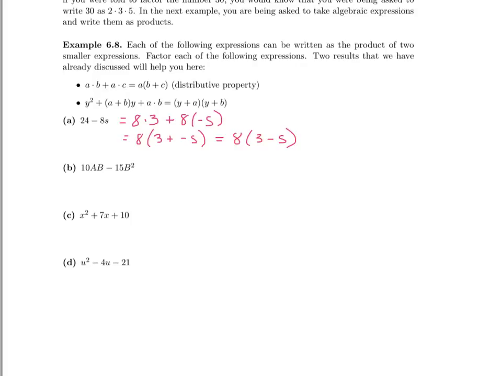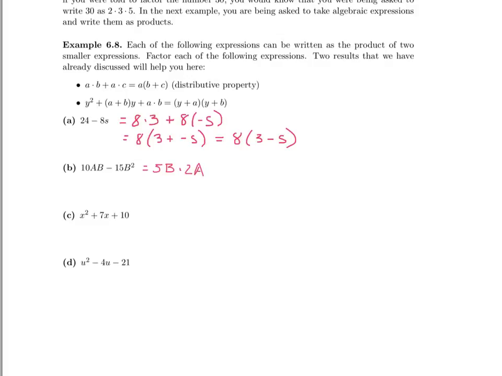Now let's look at B. We ask, are there any common factors in these two terms? And there are. Both terms have a factor of b, and both terms have a factor of 5 embedded in them. So we're going to view this expression in this form up here. We're going to extract the factor that's common to the two terms. So that would be the 5b. Now in the first term, if I extract 5b, I'm left with 2a.